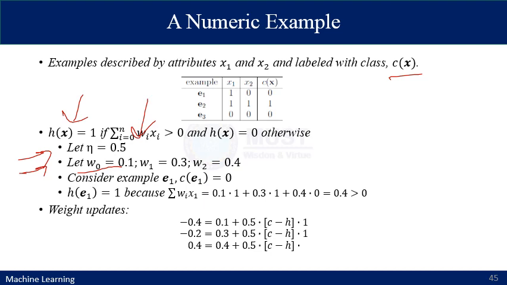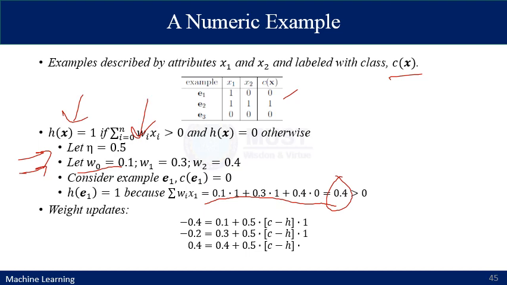W0 for the bias term. Consider the example E1, where the label of E1 is equal to 0. Hence the prediction is equal to 1, because if we use these weights, the value is 0.4, which is greater than 0.